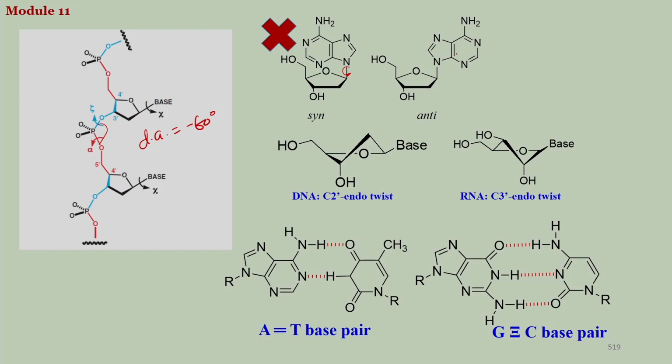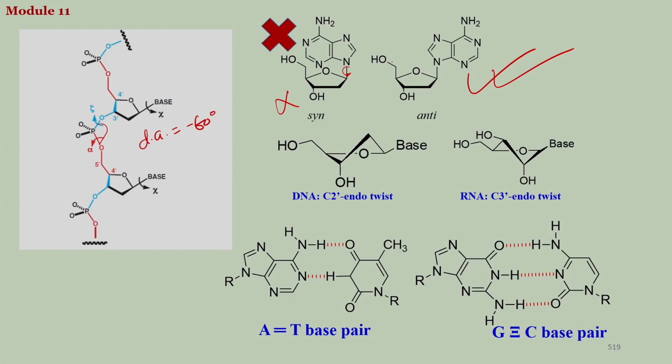When it comes to the conformation of the sugar and nucleobase, syn geometry, where the nucleobase falls on top of the sugar, is not allowed. This is the actual geometry, anti geometry, that exists in DNA.